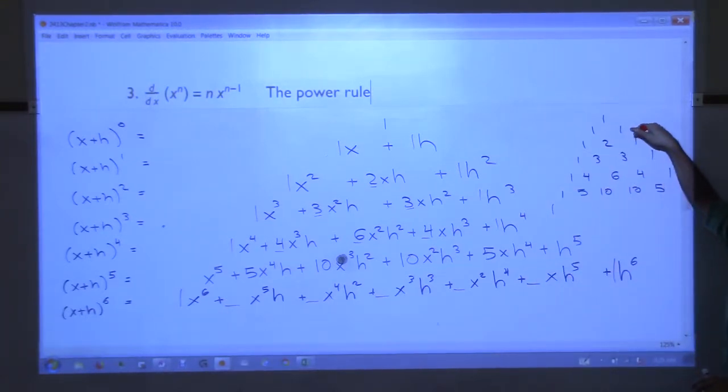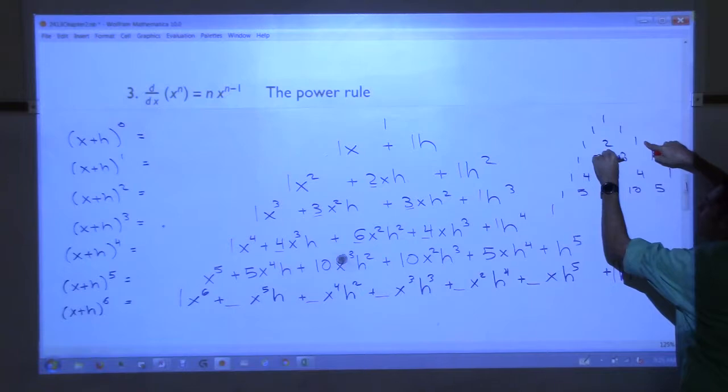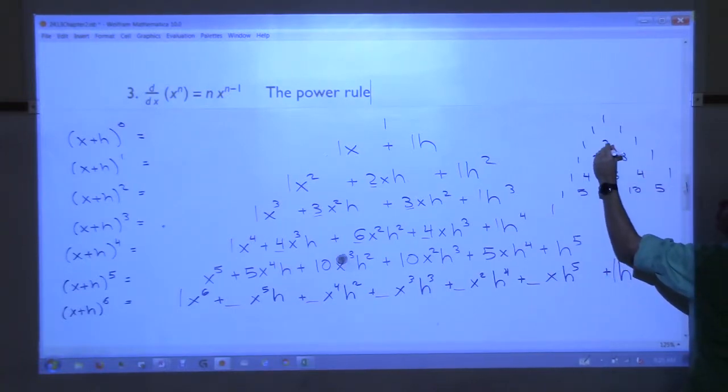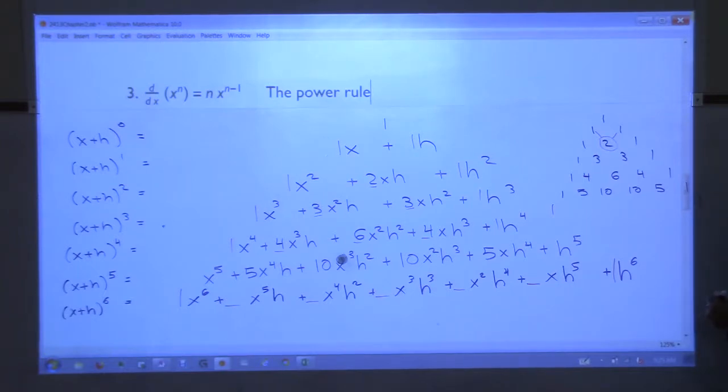But the third row is where something different happens. My two ends are 1, aren't they? But where does that 2 come from? You add the top two numbers and they give the middle number. So when I take 1 plus 1, I get 2, right? That gets us our 2.